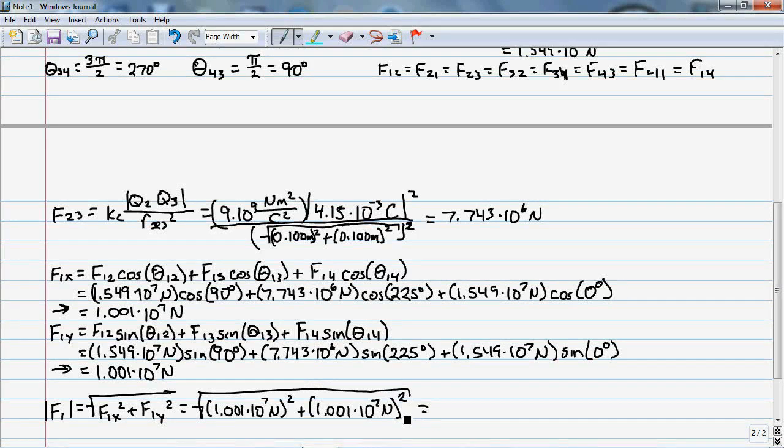I'm just using the Pythagorean theorem for the x component and the y component, and that gives me 1.416 times 10 to the 7th newtons.